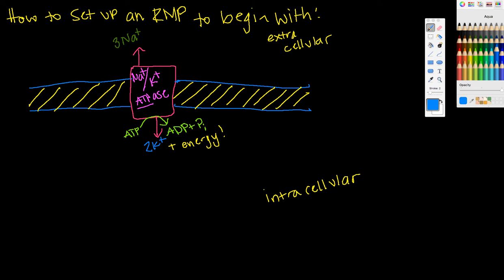So every time this pump acts, it cleaves an ATP, eliminates 3 sodium from the inside of the cell, and allows 2 potassium to enter the cell.